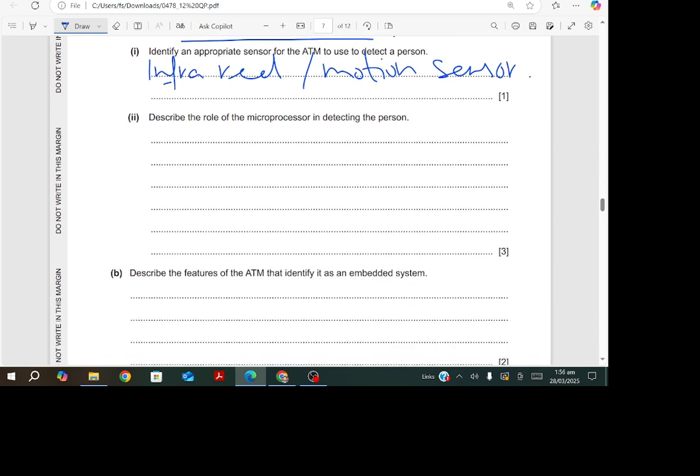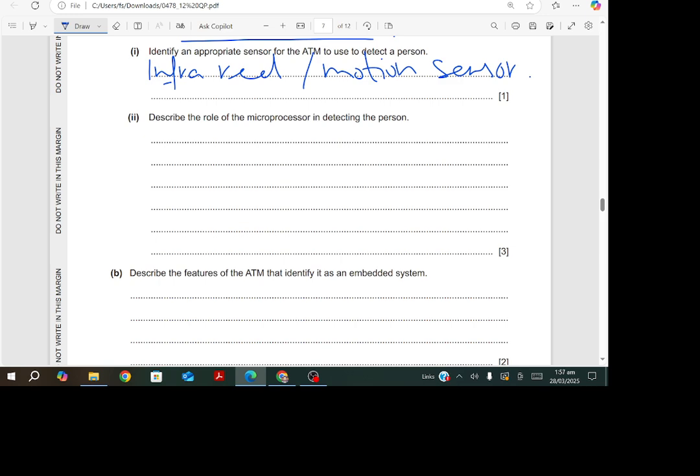Describe the role of the microprocessor in detecting the person. This is the same answer which I have told you, that it's on your book page 113. You need to memorize the points. Now here they have just asked us this time only about the role of the microprocessor.